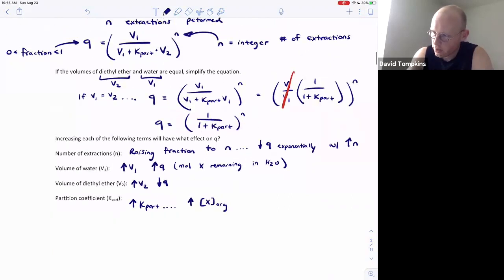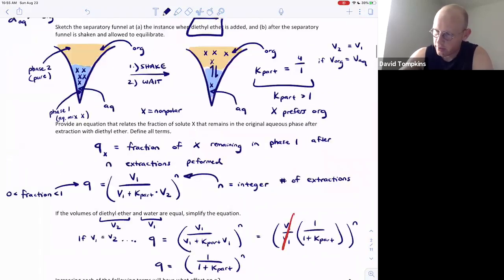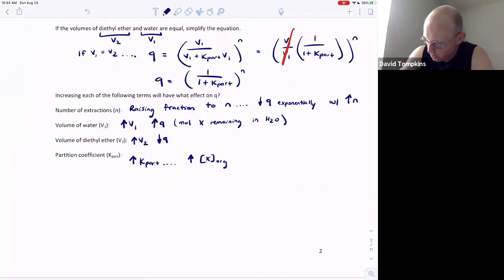Remember, Kpart defined here, right, was the 4 moles of X organic over 1 mole aqueous in those equal volume layers. So having a larger partition coefficient means it's going to be more soluble in phase 2, or the phase that is entering. That will increase the amount of X in the organic layer, decrease the amount of X in the aqueous layer, or decrease Q.